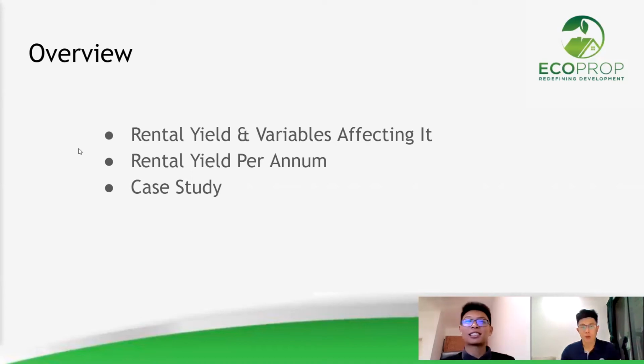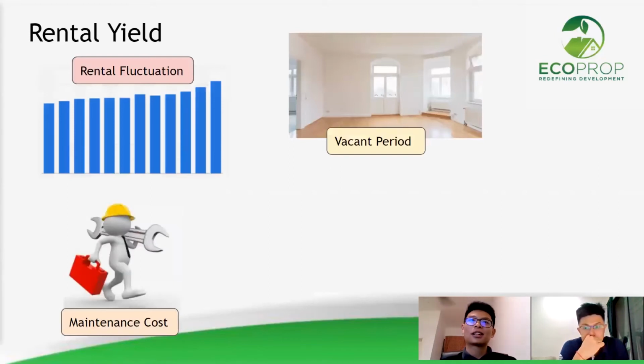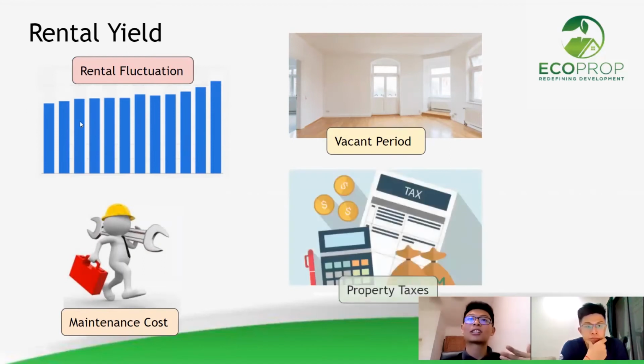Calculating the rental yield itself is very tricky because many factors influence the calculation, such as rental fluctuation, the vacant period, maintenance costs, and also property taxes. Now I would like to share about the rental yield per annum.